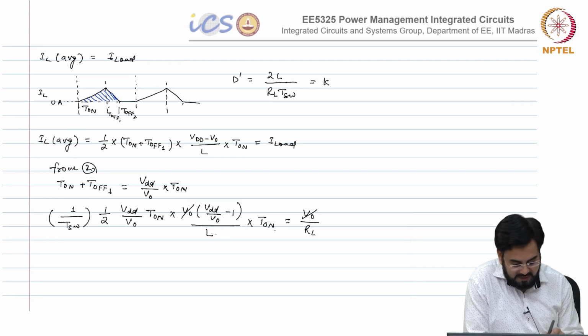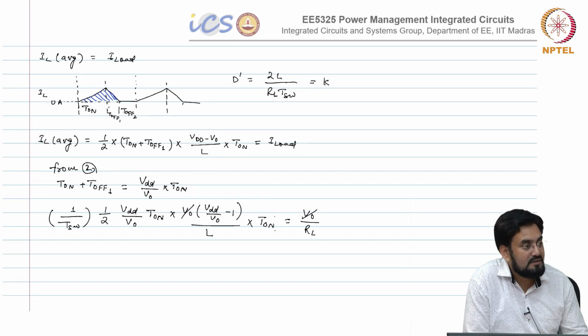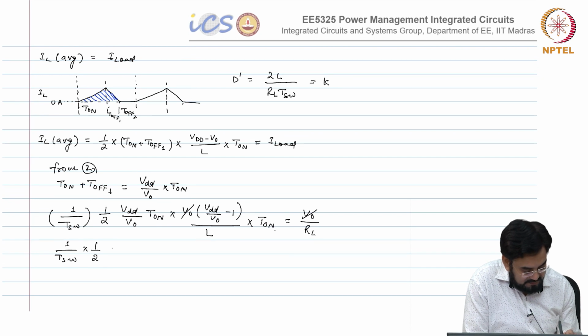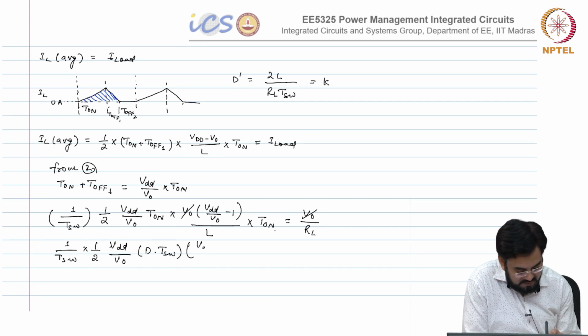So T_SW square and L can be moved to the other side. And what is T_on? D times T_SW. Okay, so over T_SW into half into VDD over V_out, D times T_SW, again D times T_SW.